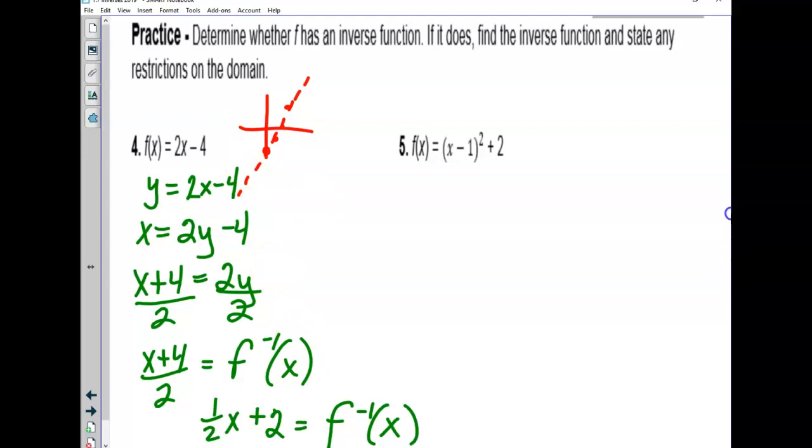If we graphed it, guys, where it used to have a y-intercept down here of -4, it would have an x-intercept of -4. Where it had an x-intercept of 2, it would have a y-intercept of 2. Whoops, I didn't draw that well. Let me see if I can undo that. Well, it would look like this.